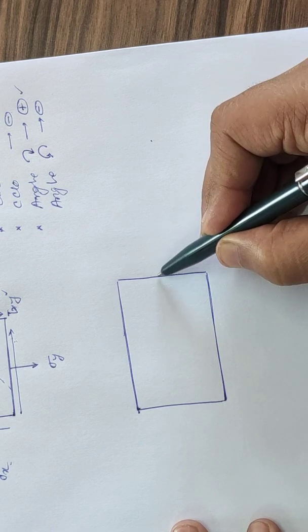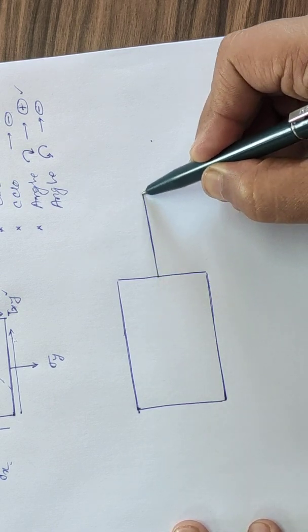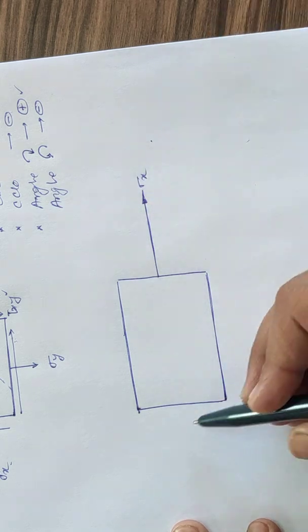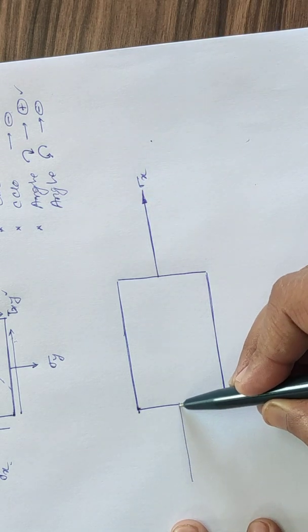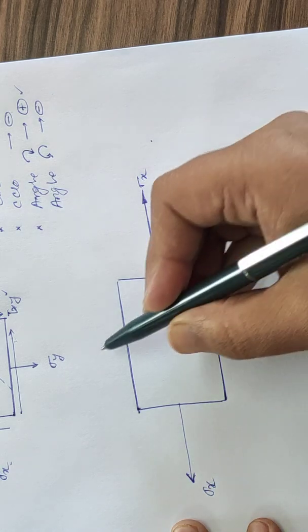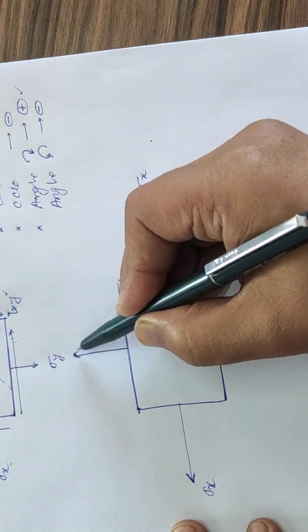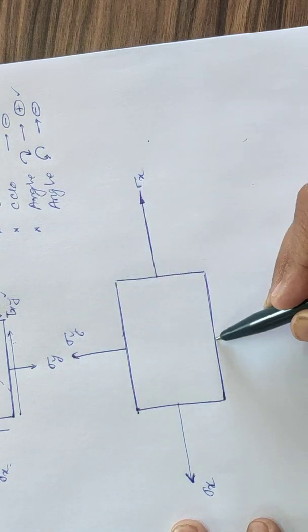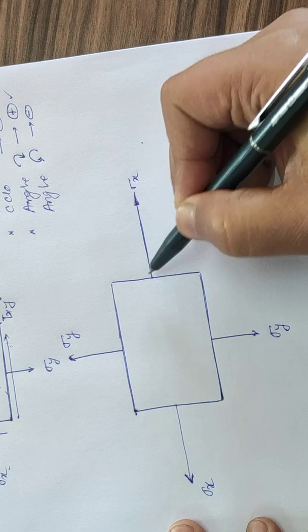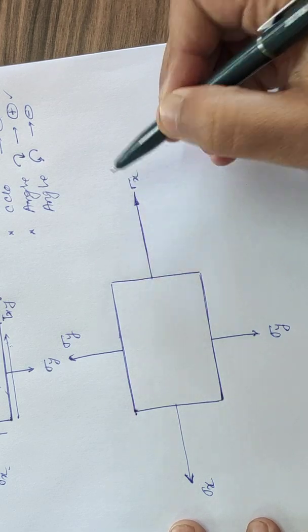Combined stresses means sigma x is acting, and in the opposite direction this will also be sigma x. In the y direction we have sigma y, and in the negative y direction this is sigma y. Positive plane, positive direction, stress is positive.